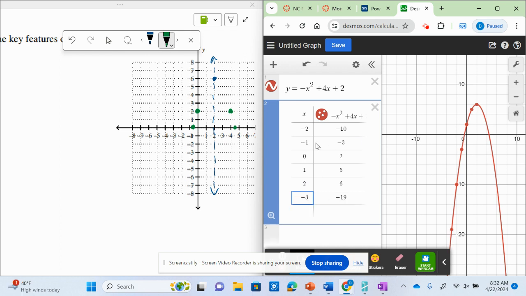Or look here, when x is negative 1, my output is negative 3. So plot that point for a second. When x is negative 1, y is negative 3, that's 1, 2, 3 units away on the left. So I'm going to go 1, 2, 3 units away on the right.